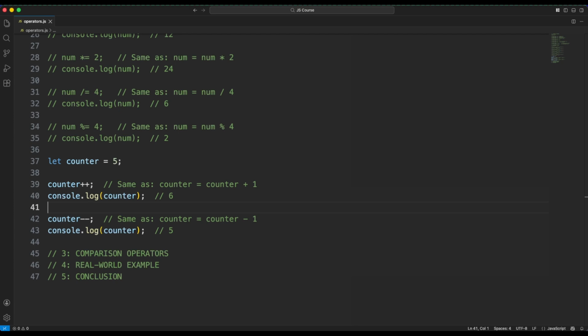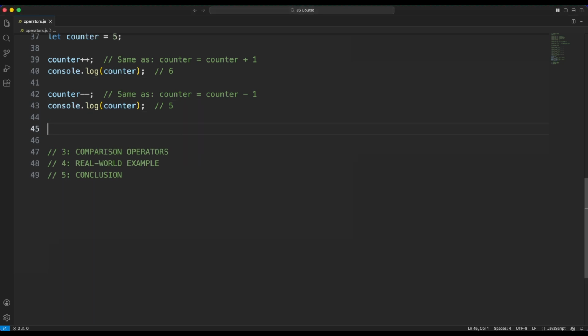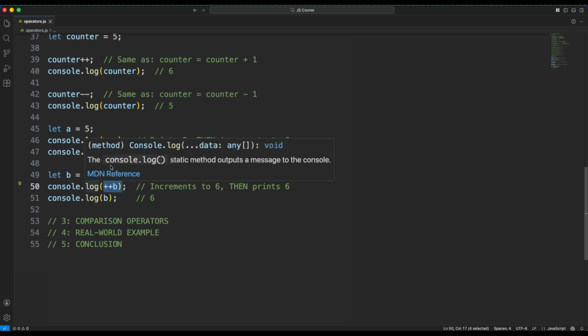Now there is something important. These operators can be prefix or postfix, and they behave differently based on that. So what does it mean? Let a equal 5, then a plus plus, which is a postfix. Remember, this is a postfix and this is a prefix.